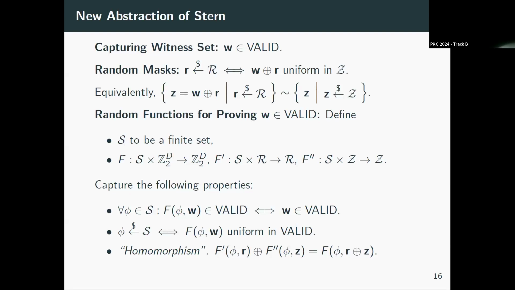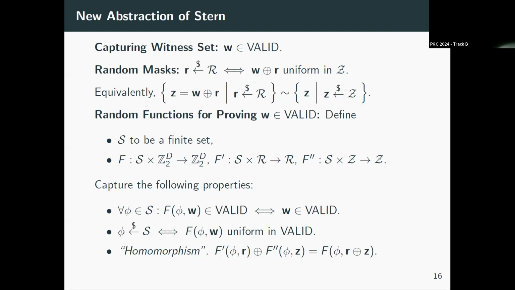To generalize, we first capture the witness W in some valid set, and then regarding the random mask and the permutation, we capture the random mask in some set R, and we show that the masked vector W plus R is uniform in some set Z, and for the permutation, we use a finite set S to capture it.